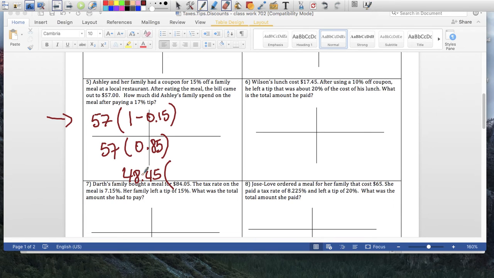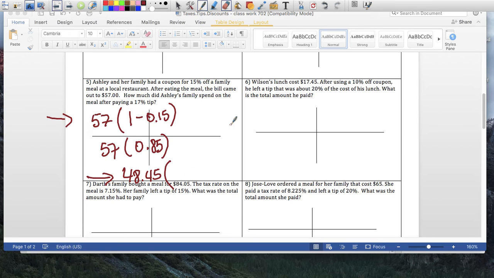So that's up for you to decide in real life, okay? Obviously the waiter is probably going to say, I'd rather be paid based on the original, because obviously he's going to get less otherwise. But just for argument's sake, let's base the tip on this value here, the $48.45.